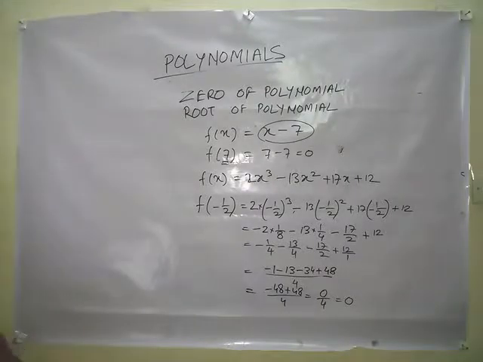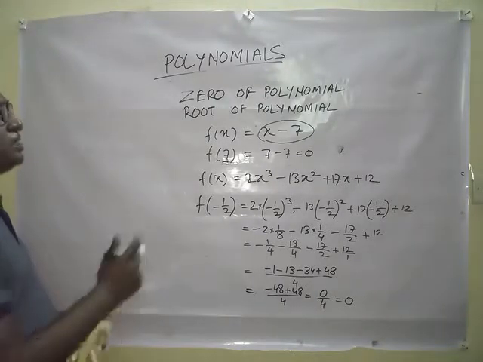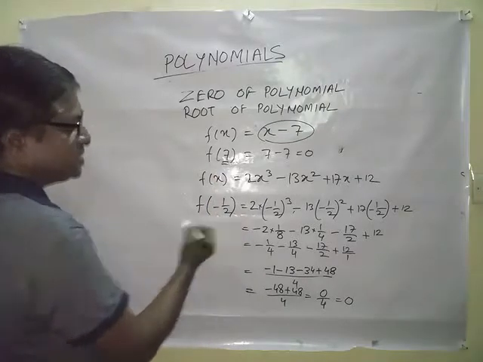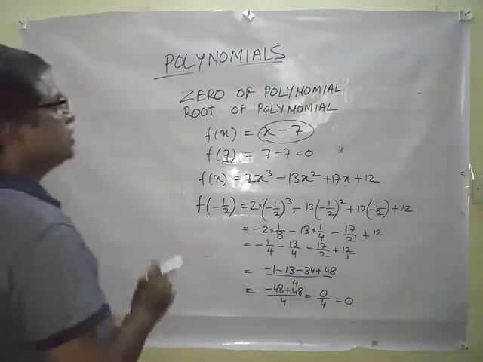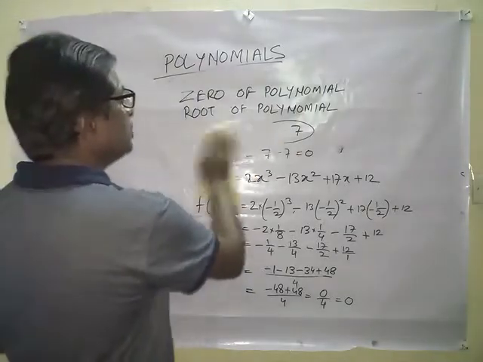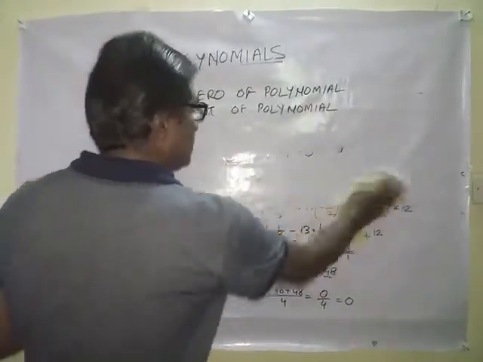There are two theorems. We have seen one with an integer number, and we have seen one with a rational number. So there are two theorems to find the zero or root of a polynomial equation.